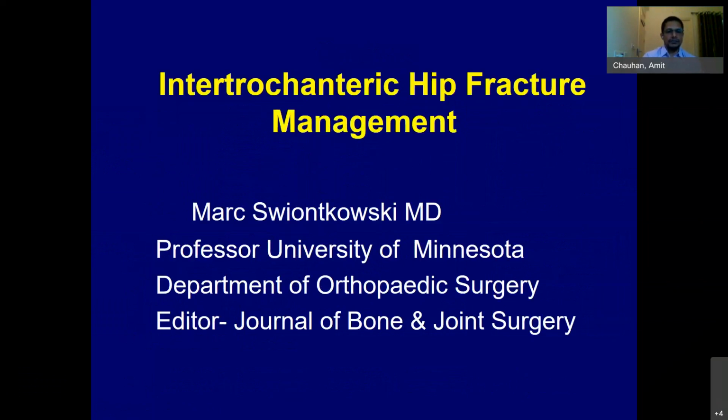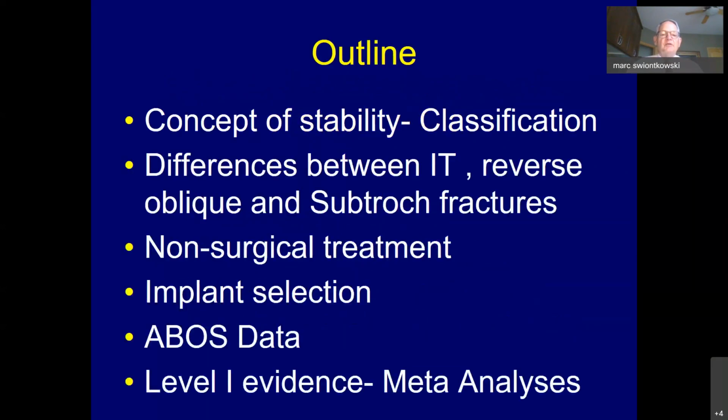Thank you very much for that kind introduction. If any of you were online for the last meeting like this that we had, we discussed femoral neck fractures, and so we thought it would be of value to complete a review of all proximal femur fractures by moving to the intertrochanteric hip fracture location. So here's the outline of my presentation.